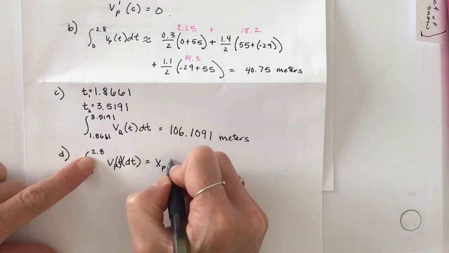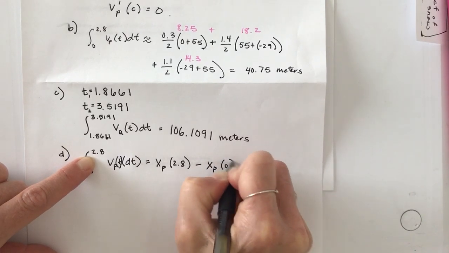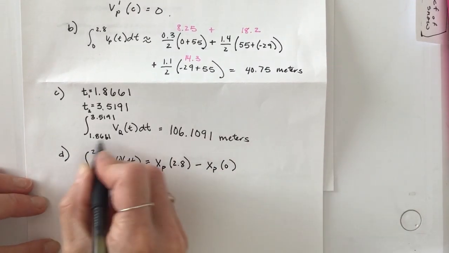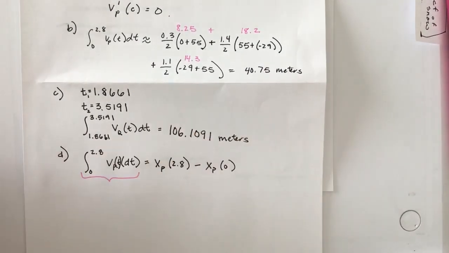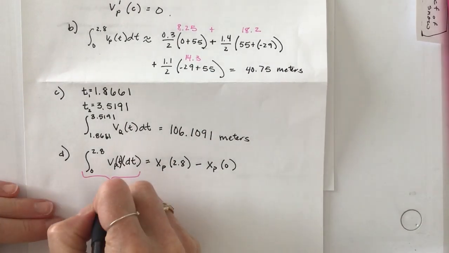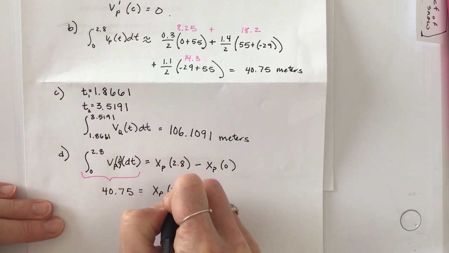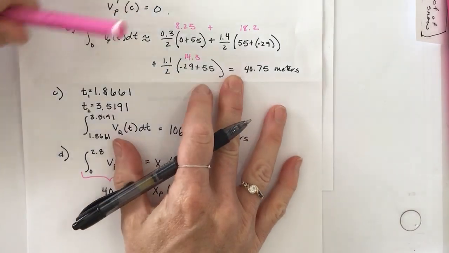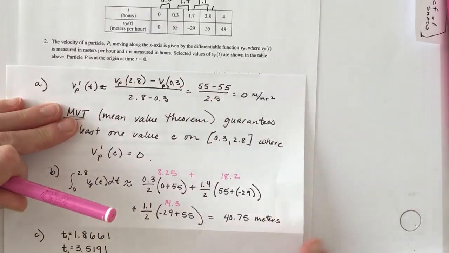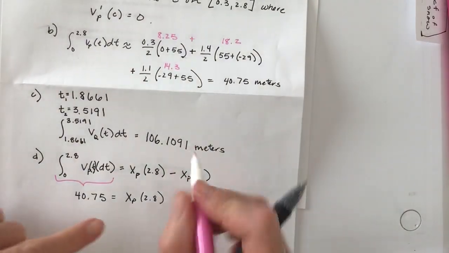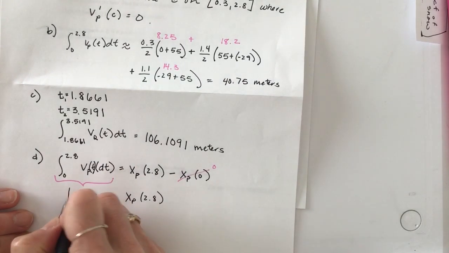So this is the position at 2.8 minus the position at 0. Well, we found this already, right, guys? We found that was 40.75 meters. And they told us at 0, this is key, particle P is at the origin at time t equals 0. So this is 0. So this is our location, okay? So that's important.